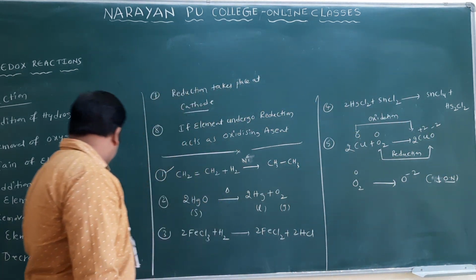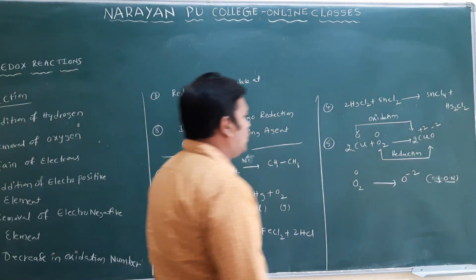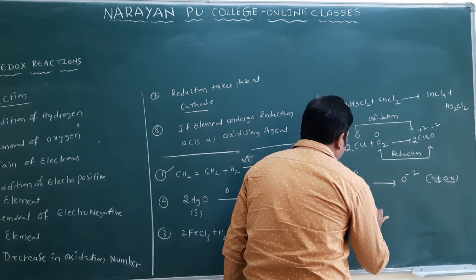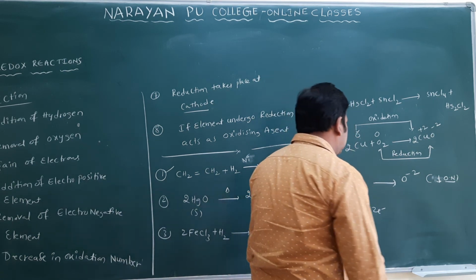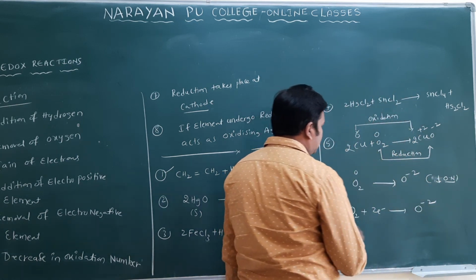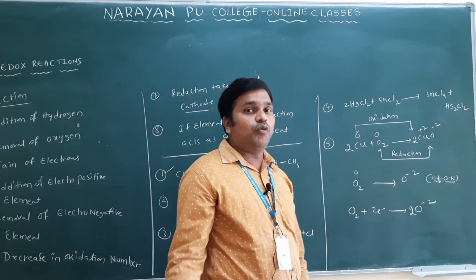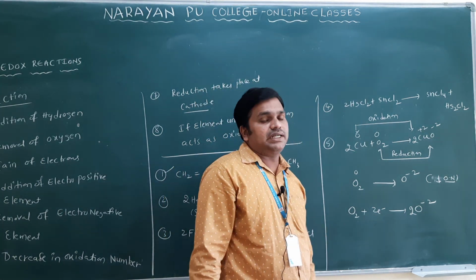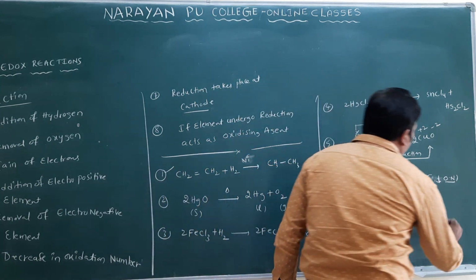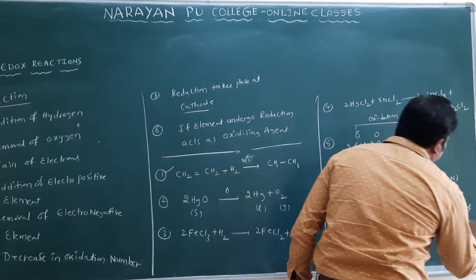And one more: gain of electrons. Here O2 gains 2 electrons and is converted into O minus 2. If you write O2, you will get 2O minus 2. Oxygen gains 2 electrons, so gain of electrons is called reduction only.